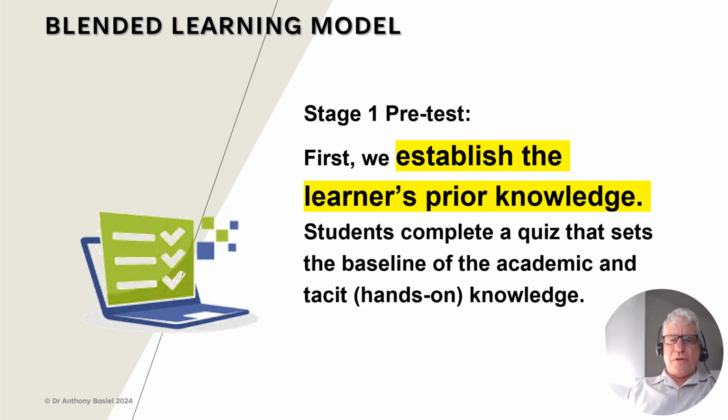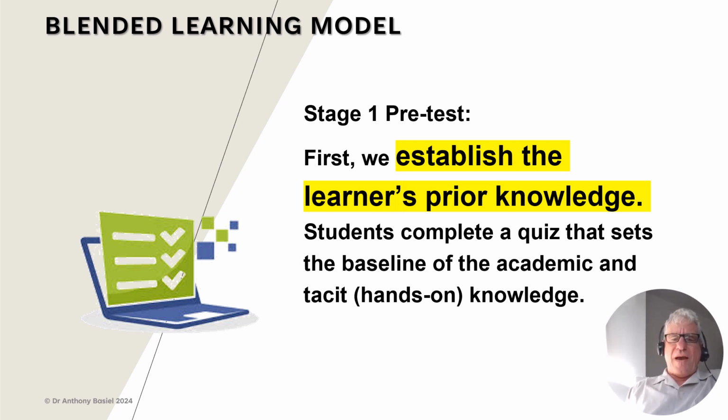So in the first part, what we want to do is establish what is the learner's prior knowledge. Many times when we have a learning experience, we don't factor in whether or not the learners, the stakeholders, already have some knowledge and experience.